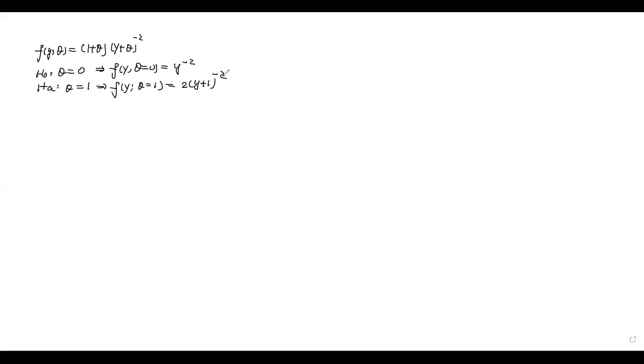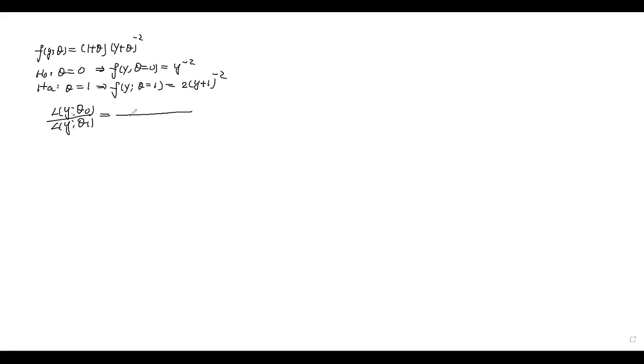Okay, so now that we have this, we can very easily find our likelihood function. We have the likelihood function of the y's under theta 0 over the likelihood function of the y's under theta 1. Under theta 0, the PDF is y to the negative 2.